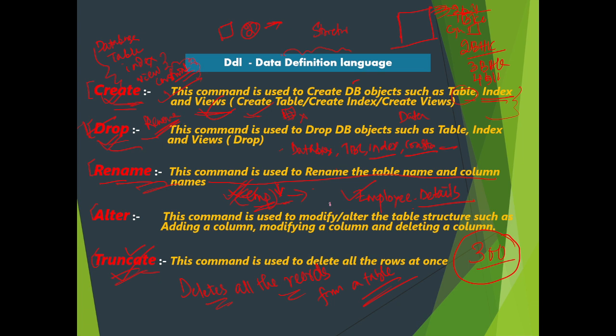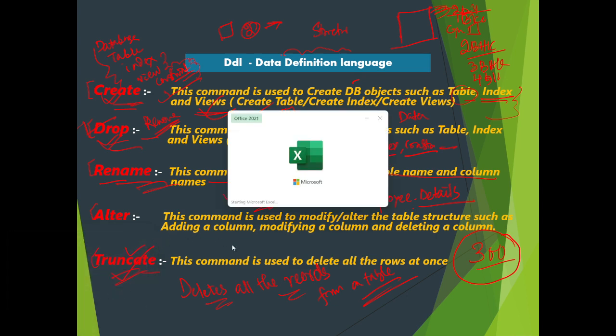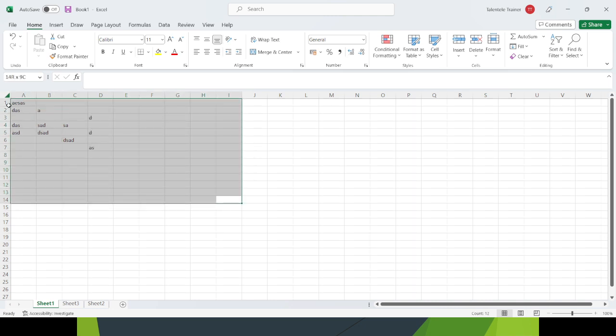Suppose, I will explain it to you in Excel. Everyone may not know Excel, but it is a simple thing. You will see the difference between deleting data and deleting a table. Let's consider this is your table, and you have some data. The moment you use truncate, it will completely delete the data, but it will not delete the table.